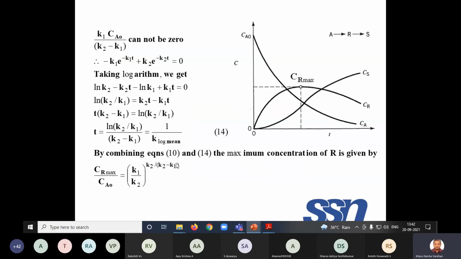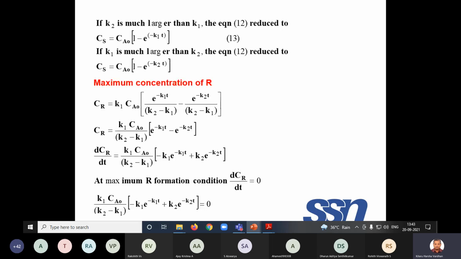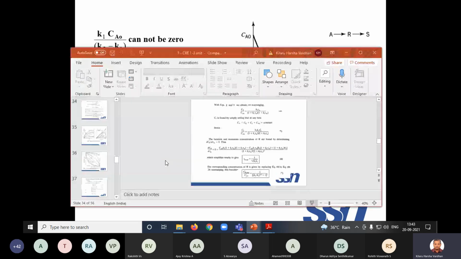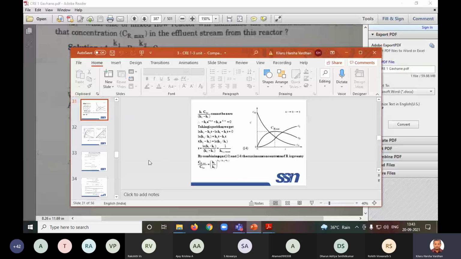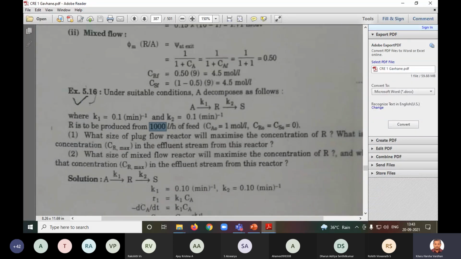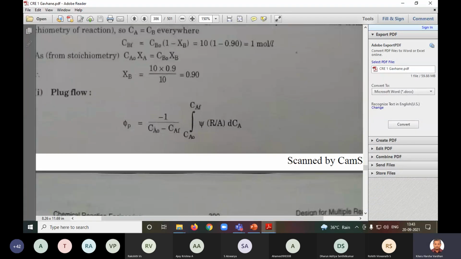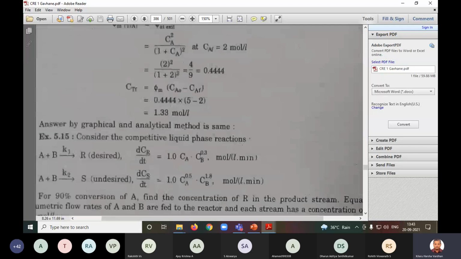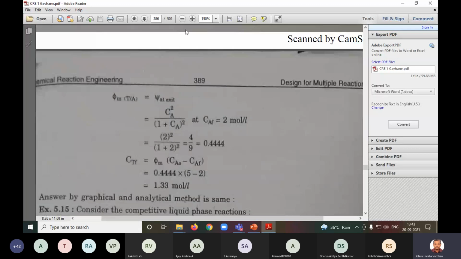If the problem is asked for 6 marks, right away substitute and then calculate. But if the problem is asking for more marks, that means he is asking you to derive it. With that, you can see the rest of the problems in Gavani or any other book, whichever is comfortable to you.